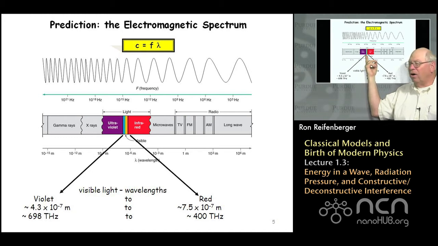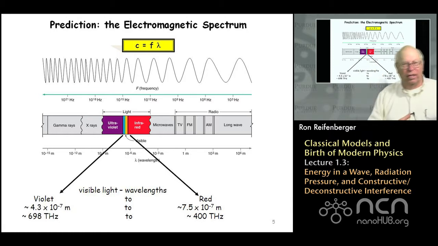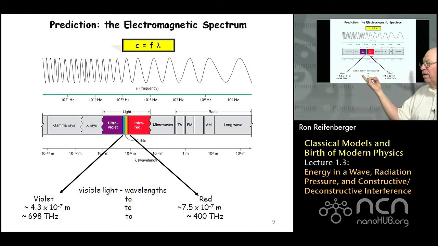And our eyes are sensitive to the different colors of light. The different colors of light are just represented by the different wavelengths and frequencies of the electromagnetic radiation. So, for instance, I just provide this convenient table here that tells you what the frequencies and wavelengths of red to violet light are.